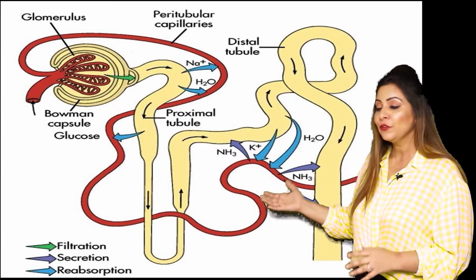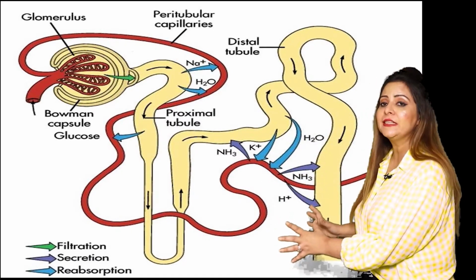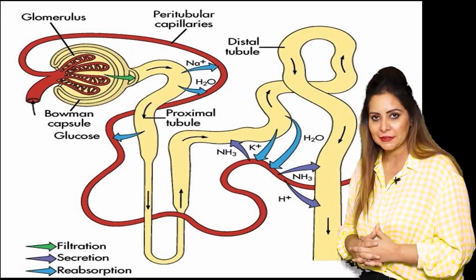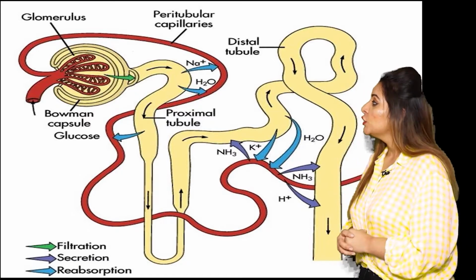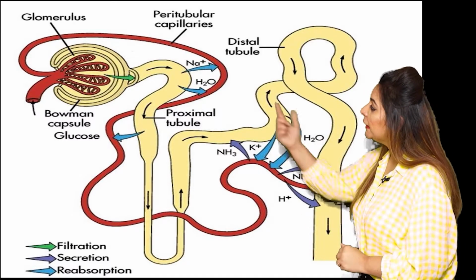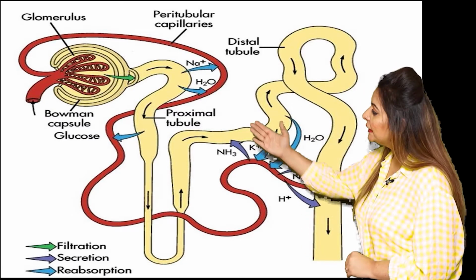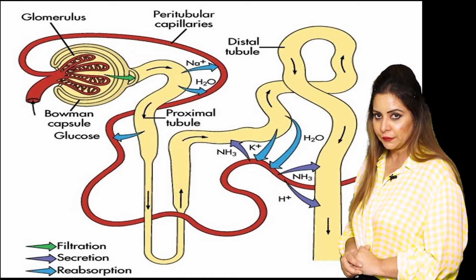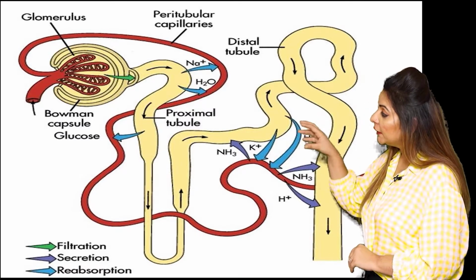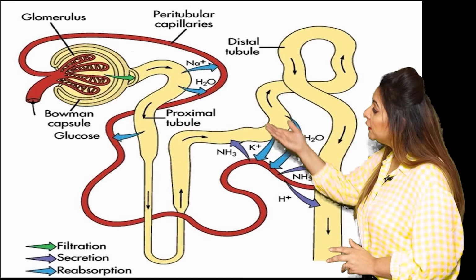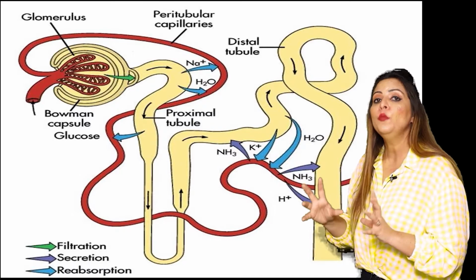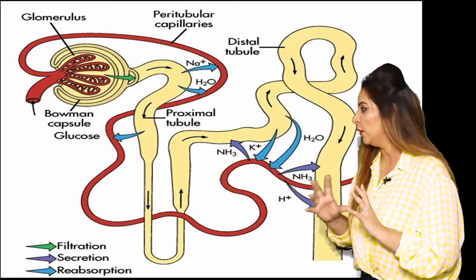So here we'll divide the complete nephron into different parts, right? Now we'll be taking the parts one by one. So the first thing, you can see a cup-shaped structure, right? And it encloses a tuft of capillaries, right? The tuft of capillaries forms the glomerulus.